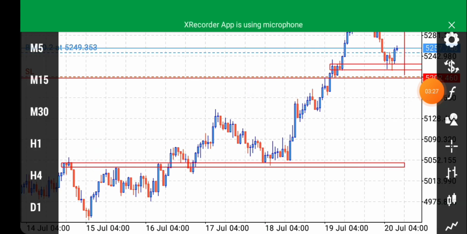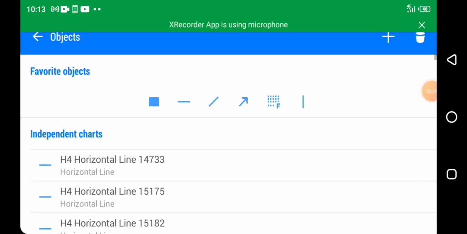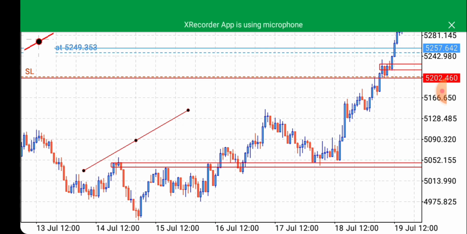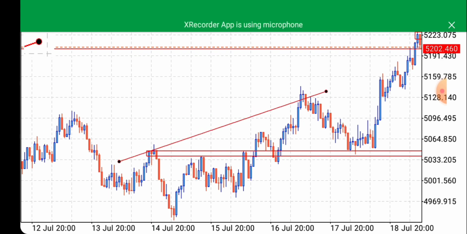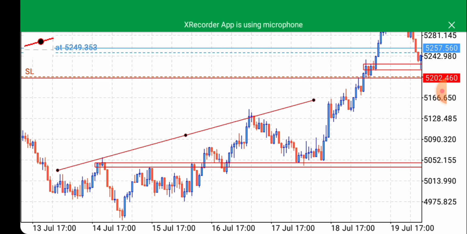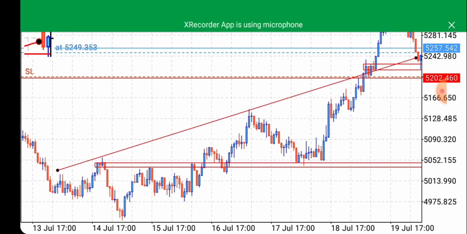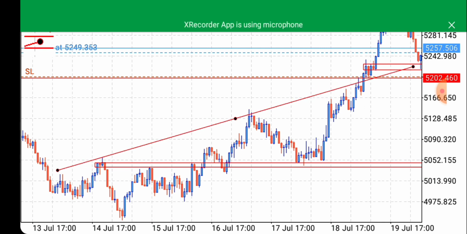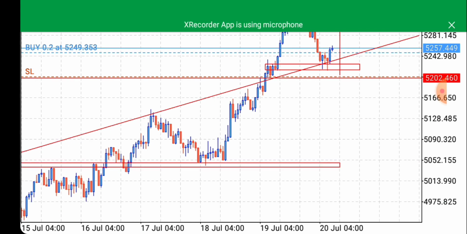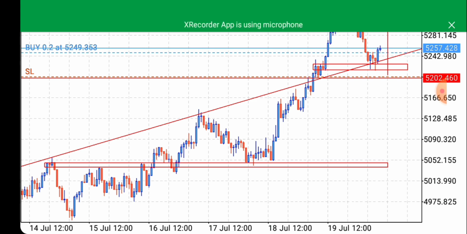So you can see, pick up your trend line and then you draw. Okay, you try to sketch. So you see, just look at what has happened here.